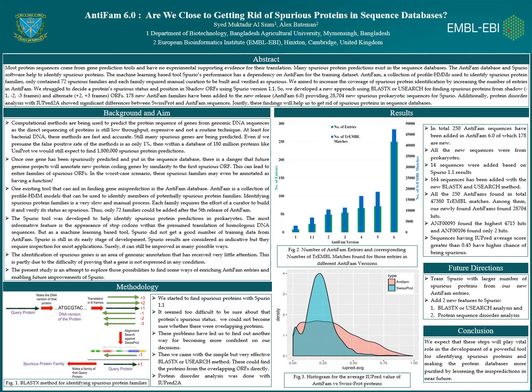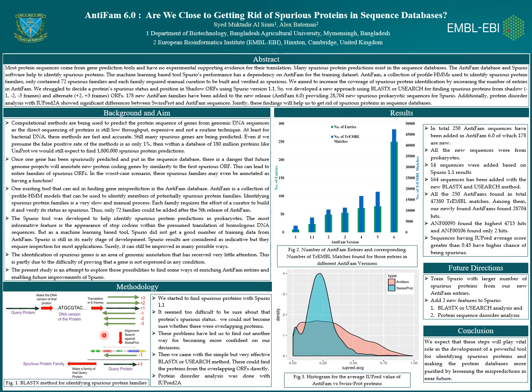Then we came up with the BlastX method. If you look at this figure 1, at first we take a query protein, and there is no way to do a protein versus protein search in different DNA reading frames. We had to take the DNA version of that query protein, and the BlastX search was carried out against the real protein database, SwissProt.